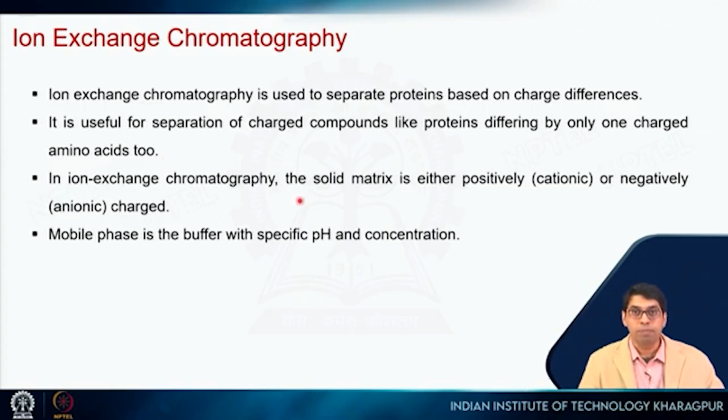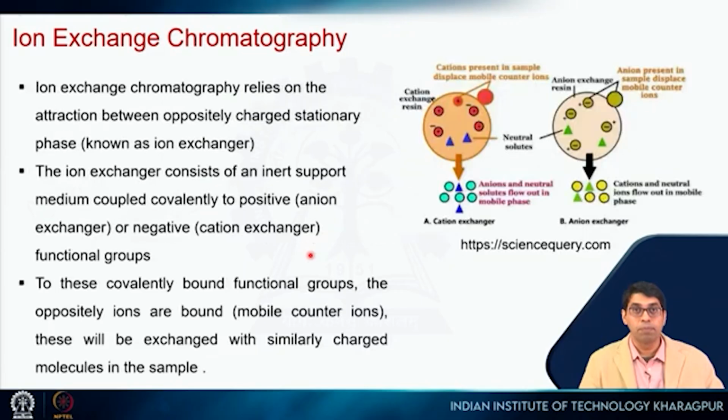Okay. So, the solid matrix is either cationic, positively charged, or anionic, negatively charged. The mobile phase is the buffer and we will determine the pH at which you are going to dissolve your protein. That will depend on the isoelectric point of your protein, or the pI of your protein, right.